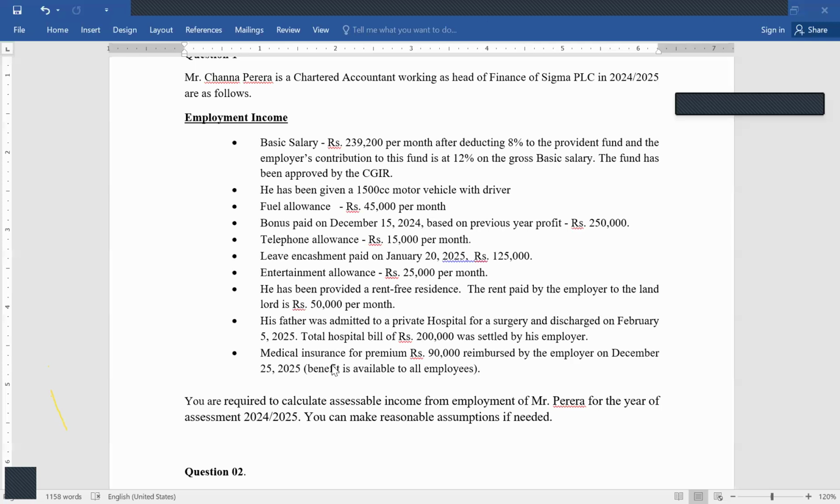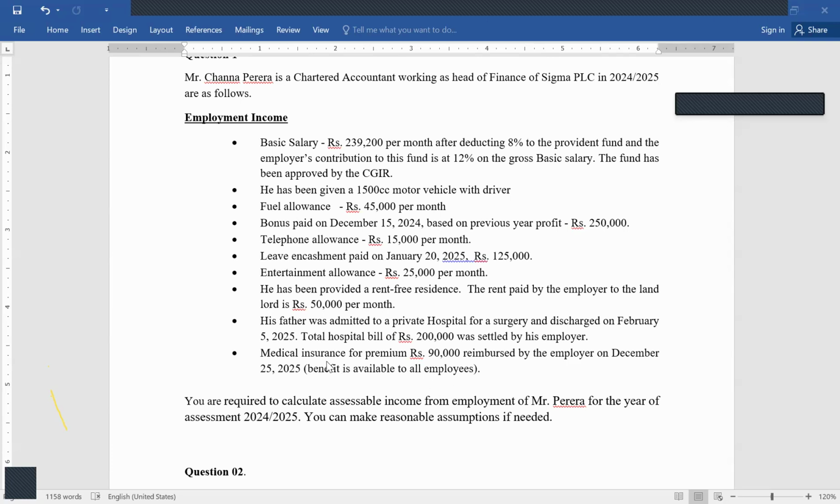Okay, the last one, medical insurance premium 90,000 reimbursed by the employer on December 25, 2025. The benefit is available to all employees.